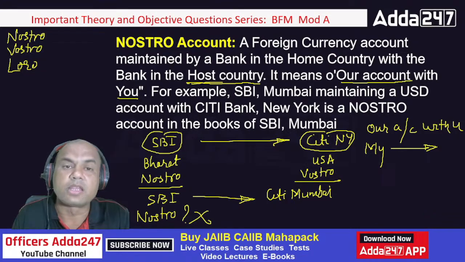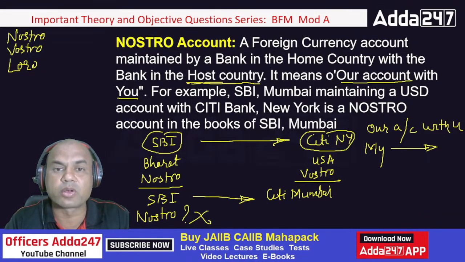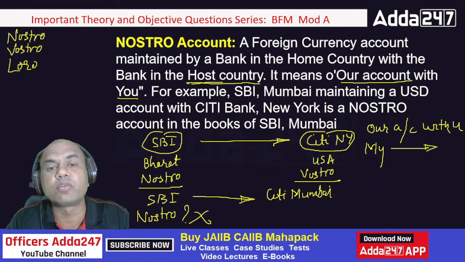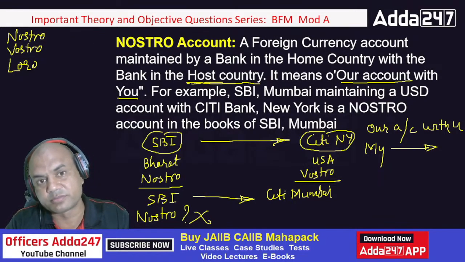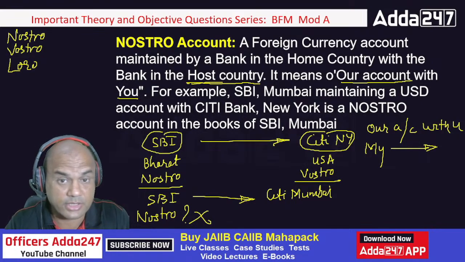Now let me ask you one question. Bank of Baroda is maintaining an account with SBI, India. Let me make this question a bit more difficult. Bank of Baroda, India is maintaining an account with SBI New York branch. Understand this?